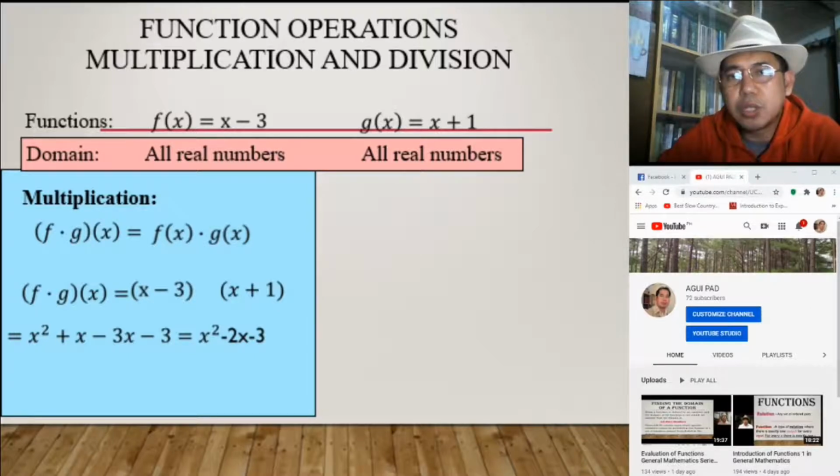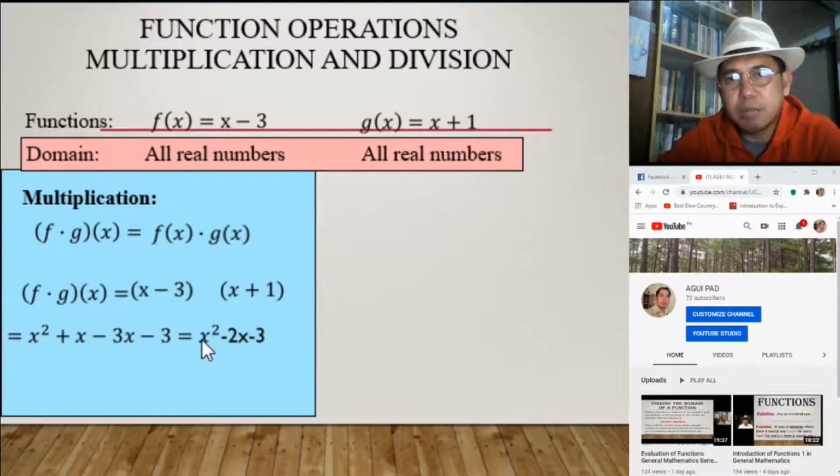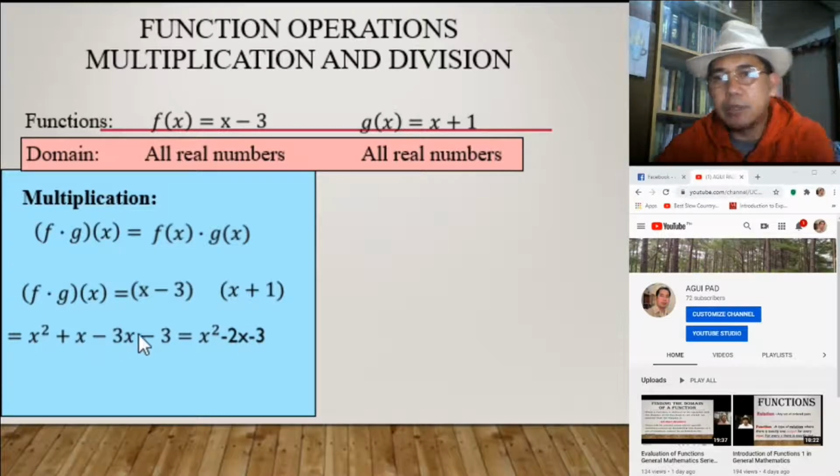So, as you can see, there is no companion for x raised to 2, so we just copy it as x raised to 2. Now, what about your x and negative 3x? That is subtraction of similar terms, so it will give you negative 2x. Now, is there a companion for negative 3?